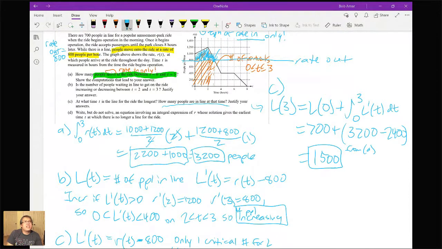And then for part D, you want to know an integral expression of R whose solution gives the earliest time t at which there is no longer a line for the ride. Well, the number of people is basically this. It's basically what we just did. So for part D, what you want to know is what value of t, I want to know when there are 0 people in line.